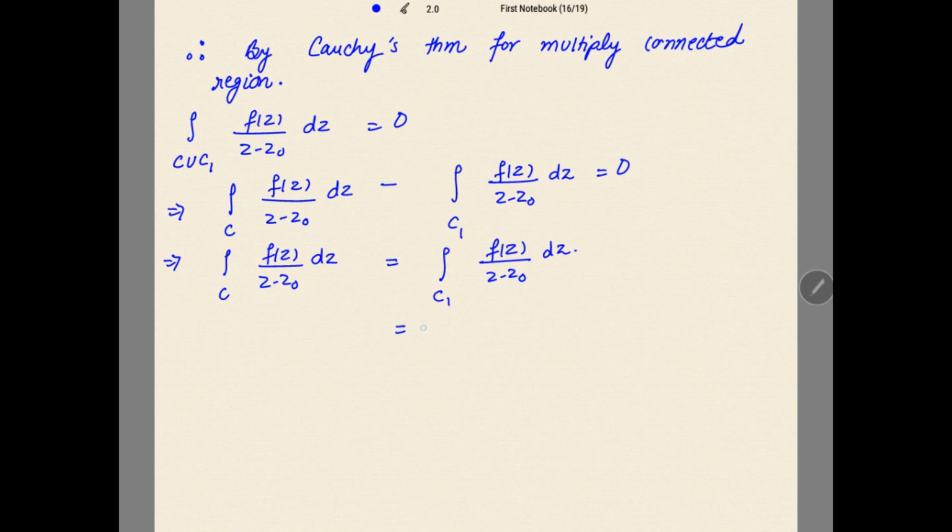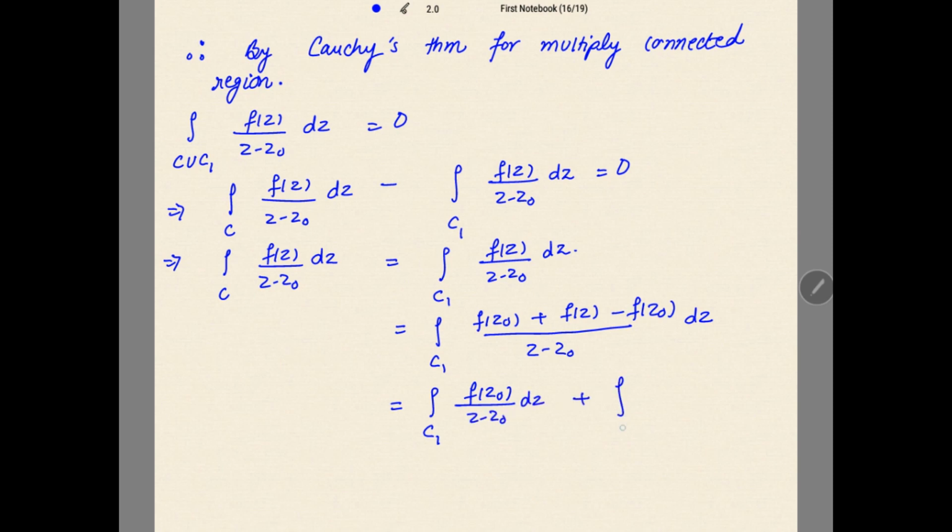The next step is, now I'm adding and subtracting f of z naught here: f(z naught) plus f(z) minus f(z naught) over (z minus z naught) dz. Let's now separate this. Integral over C1 of f(z naught) over (z minus z naught) dz, and the other one is integral over C1 of (f(z) minus f(z naught)) over (z minus z naught) dz.